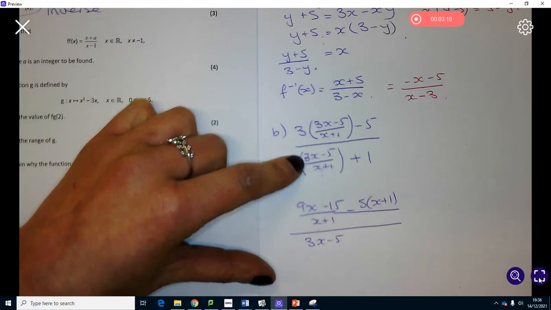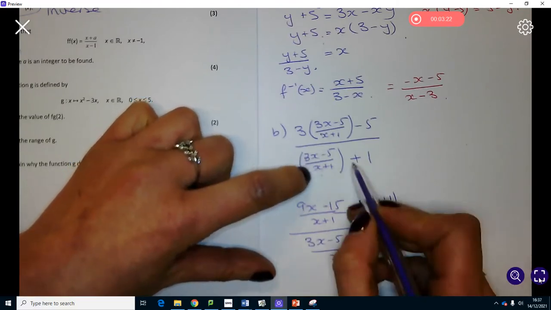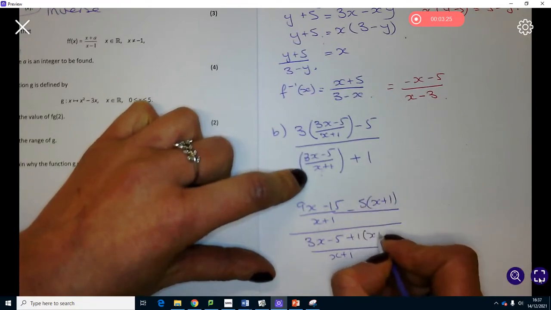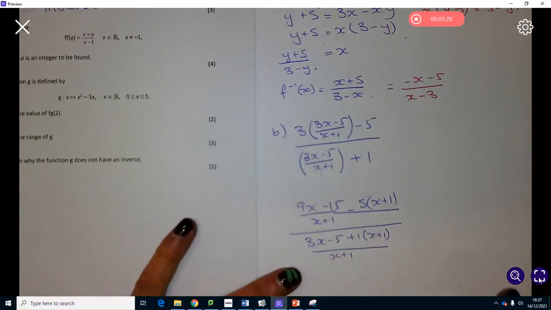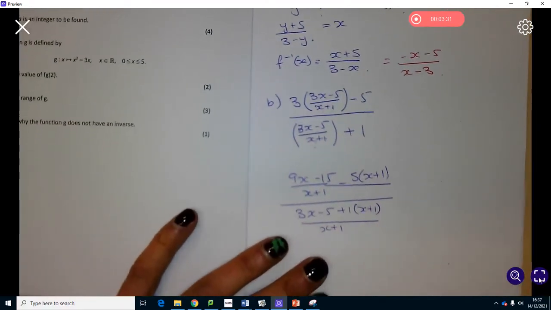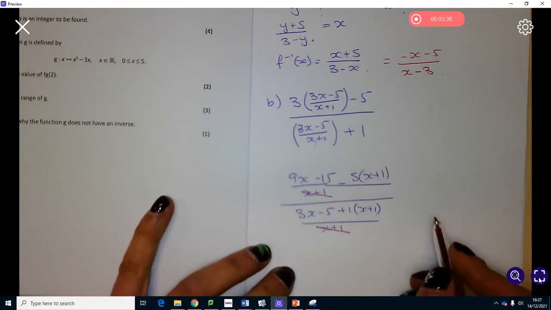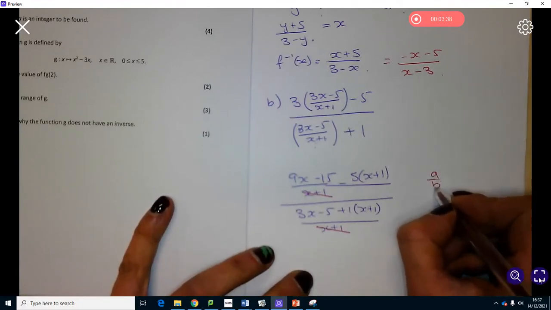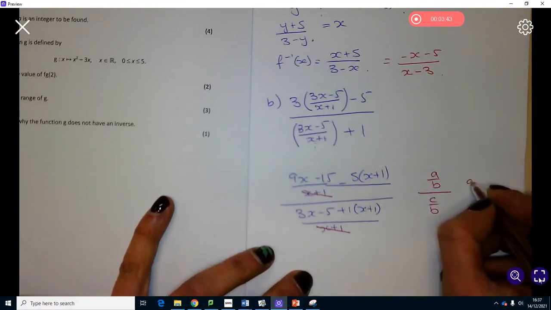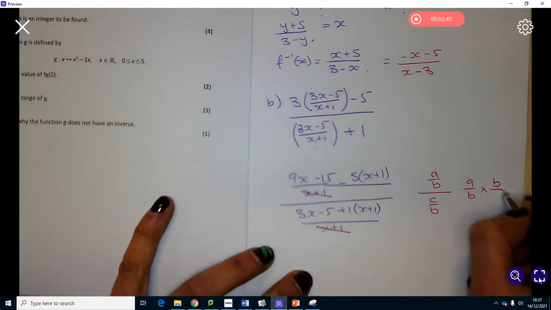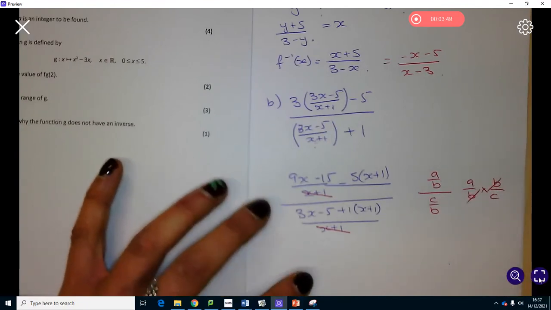We've got 3x take away 5 divided by x add 1. If we multiply the 1 by x add 1, that gives it this common denominator. Just like when you're adding numeric fractions, give them a common denominator. And now those two denominators will cancel out, because when you've got this fraction divided by this fraction, it's the same as multiplying by its reciprocal.